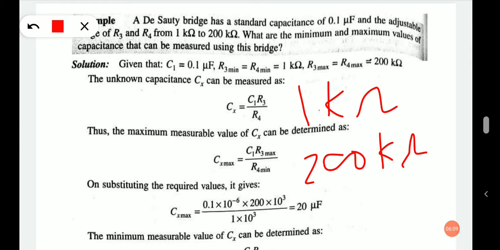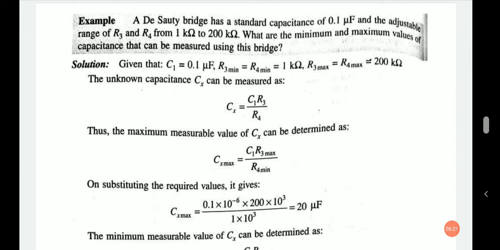What are the minimum and maximum values of capacitance that can be measured using this bridge? So, given values are: capacitance C1 is 0.1 microfarad, R3 minimum and R4 minimum is 1 kilo ohm, and R3 and R4 maximum is 200 kilo ohm.